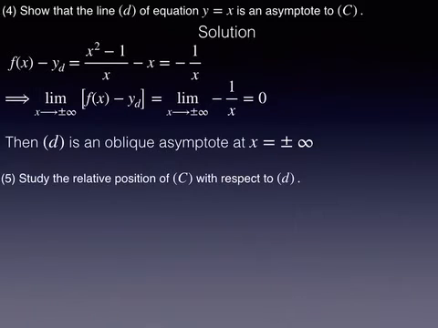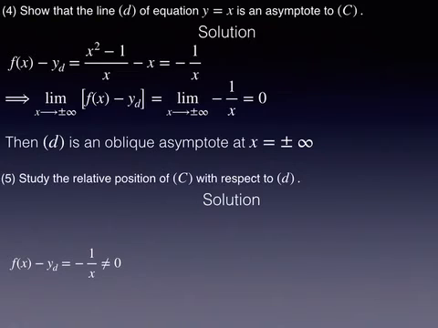So now moving to part 5, we need to study the position between curve C and the asymptote D. What we need to do here is to study the sign of the expression f of x minus yD. So we need to do the sign table of minus 1 over x on the domain of definition of the function f.